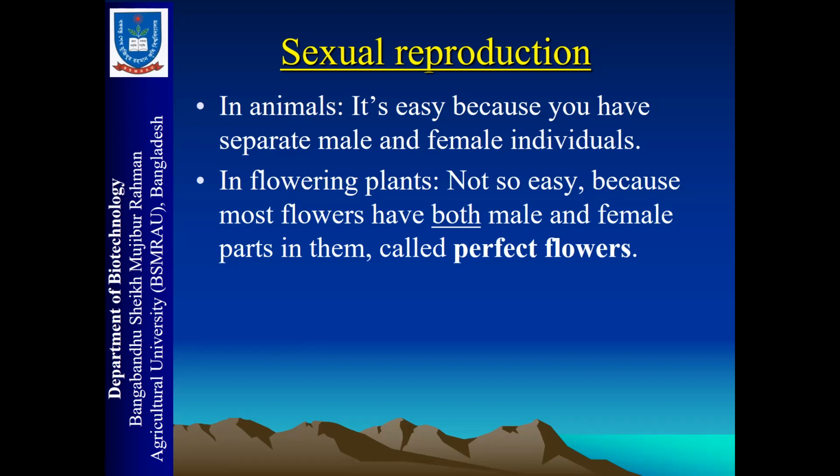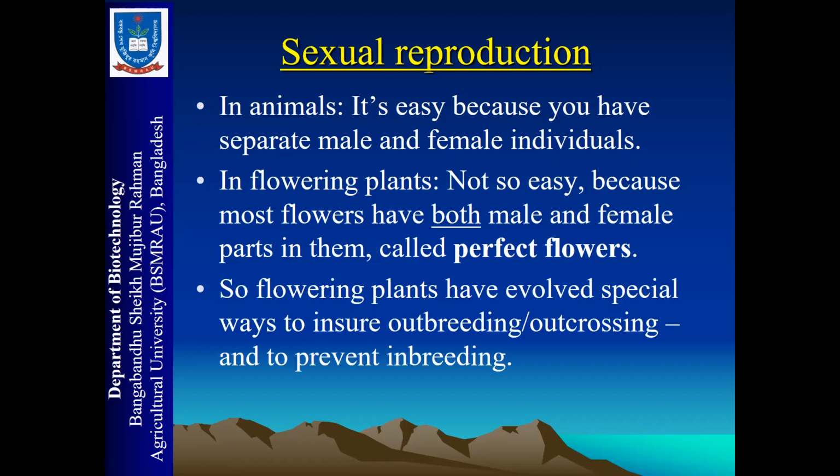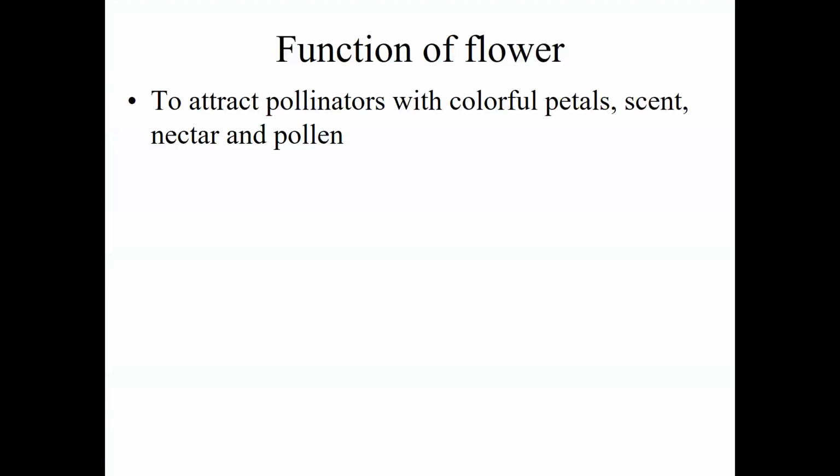In flowering plants, it is not so easy because most flowers have both male and female parts in them, called perfect flowers. So flowering plants have evolved special ways to ensure outbreeding or outcrossing and to prevent inbreeding.